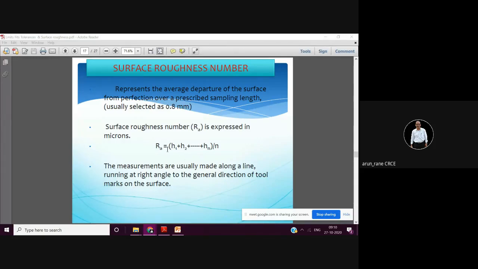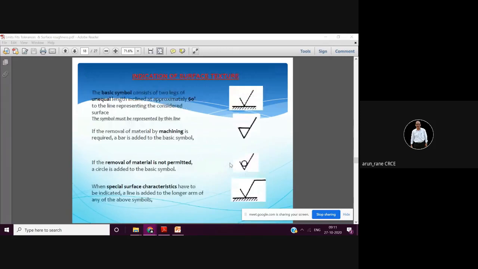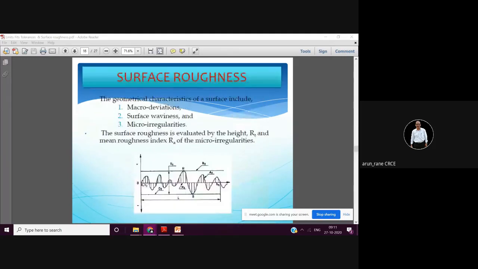And how does it calculate? It takes a number of points, measures the height of the crest and trough at each point, and then takes the average. Like here, this is H1, H2, H3, H4, and it divides the sum by the number of observations.